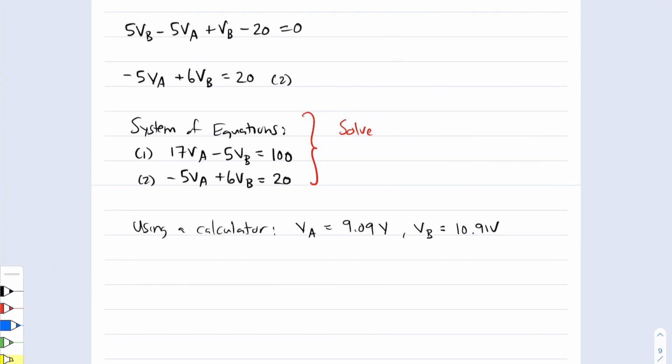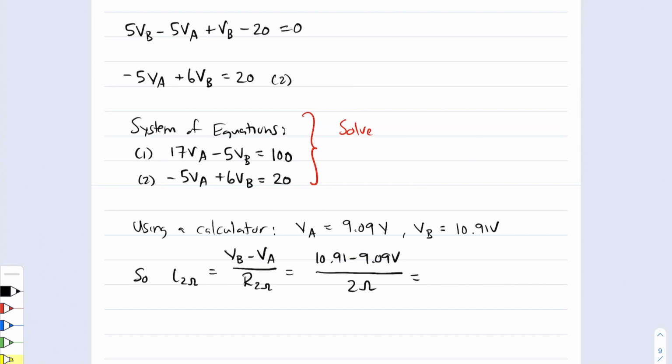That means that I can also use my modified version of Ohm's law. So the current flowing through the 10 ohm resistor, well, it has to be VB minus VA divided by the 2 ohm resistance. And that is 10.91 volts minus 9.09 volts divided by 2 ohms.